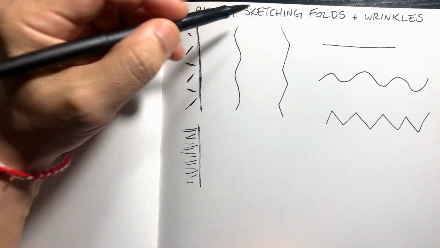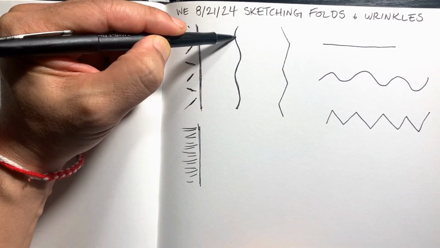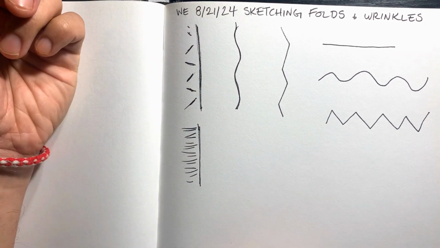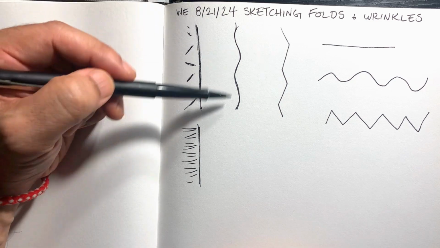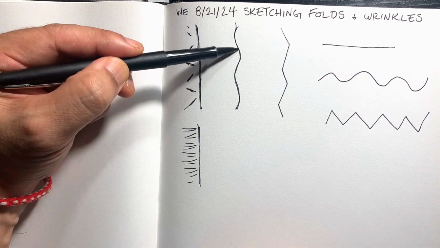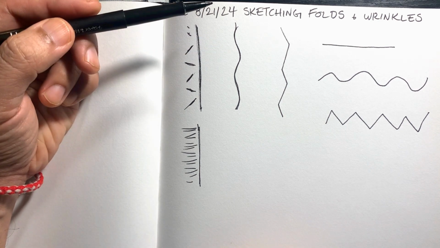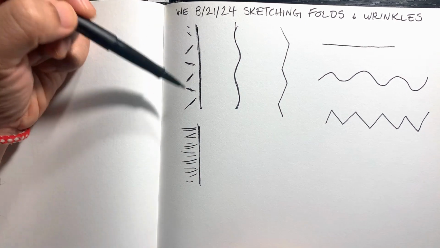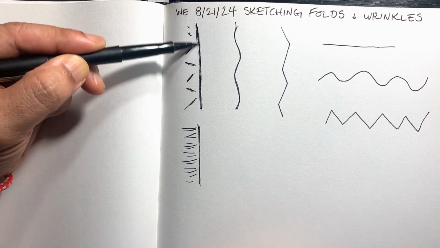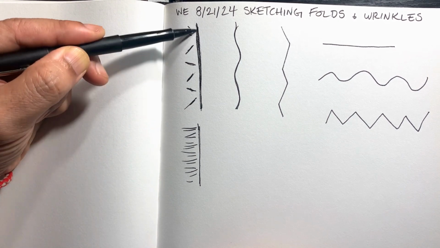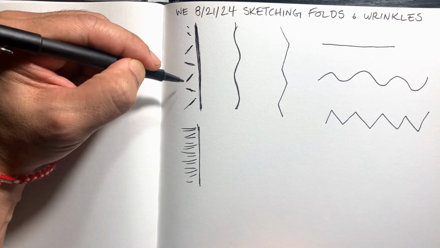Then sometimes you'll have more of this wavy contour. And if we're talking about fabric, then you have to think, well, why does it have that? And sometimes you'll have the opposite, where this is a simple, straight contour, but then you have a lot of stuff going on within here.